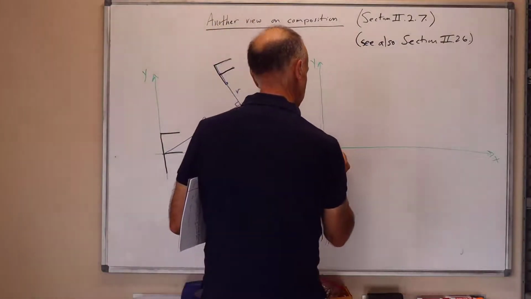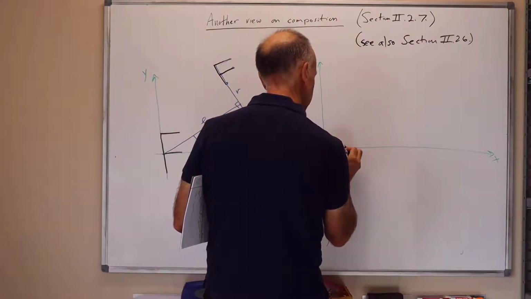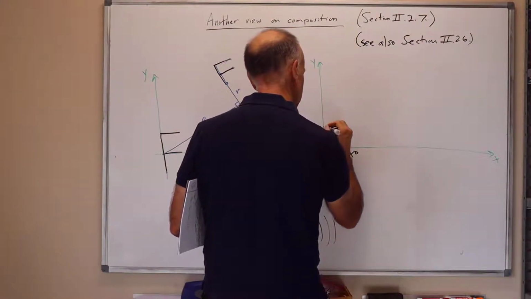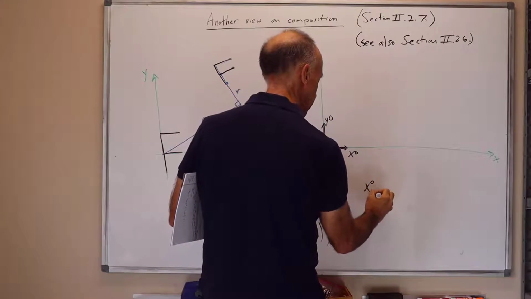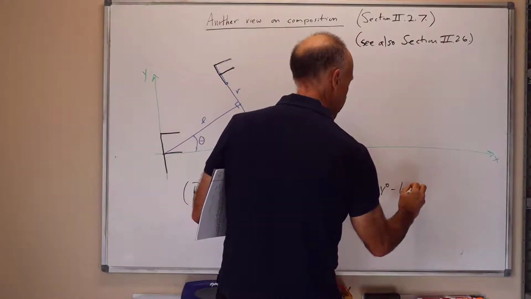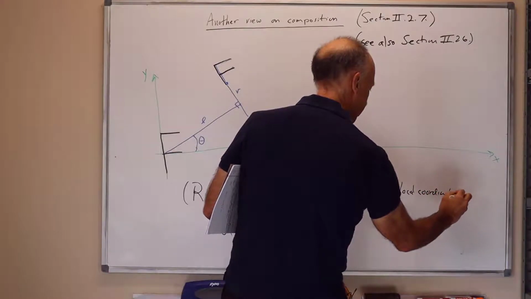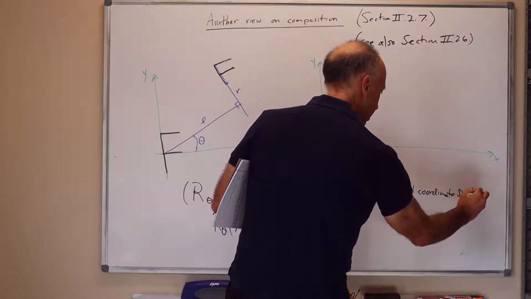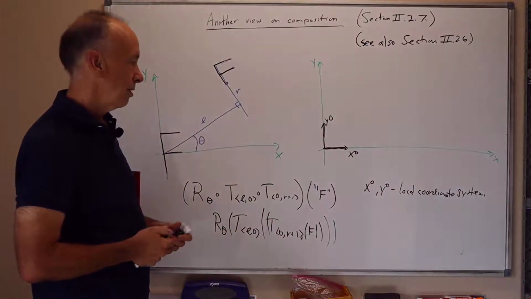So we start off with the local coordinate system being just the standard one. So here's x superscript 0, and y superscript 0. So x0, y0 form a local coordinate system in the sense that they're the usual coordinate system, just defining the x-axis and the y-axis of the coordinate system.